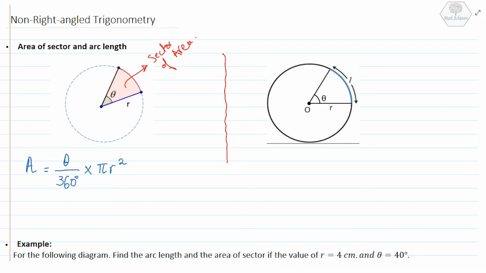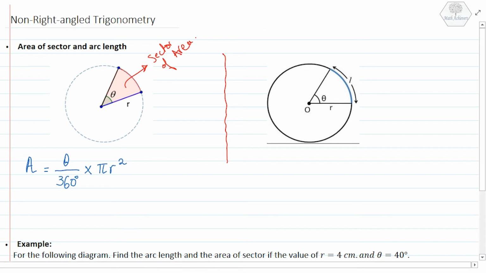The second case, I want to find the arc length. This is the arc length. The arc length is part of the circumference of the circle.